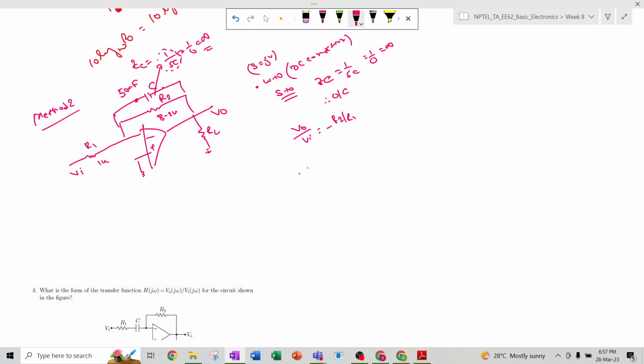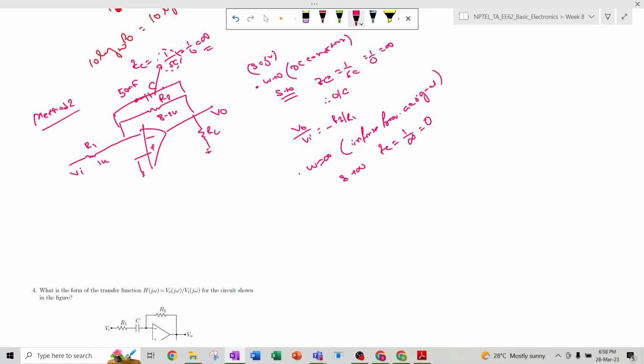Similarly, if omega is equal to infinity, that means an infinite frequency AC signal, what happens? S tends to infinity, so the equivalent impedance of the capacitor ZC will be 1 divided by infinity, that means 0.